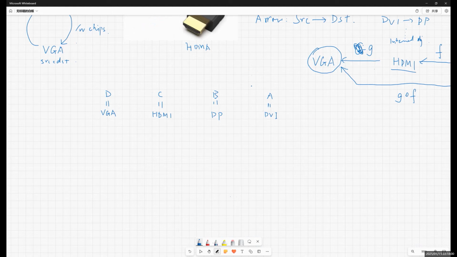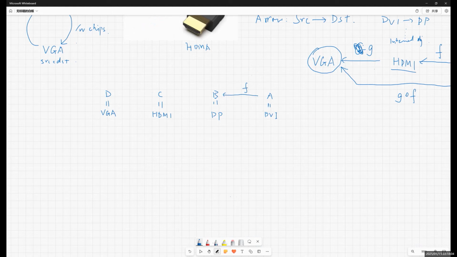Then we have 3 arrows: from A to B, F, DVI to DP; B to C, G, from DP to HDMI; and H from HDMI to VGA. Then we make a composition.